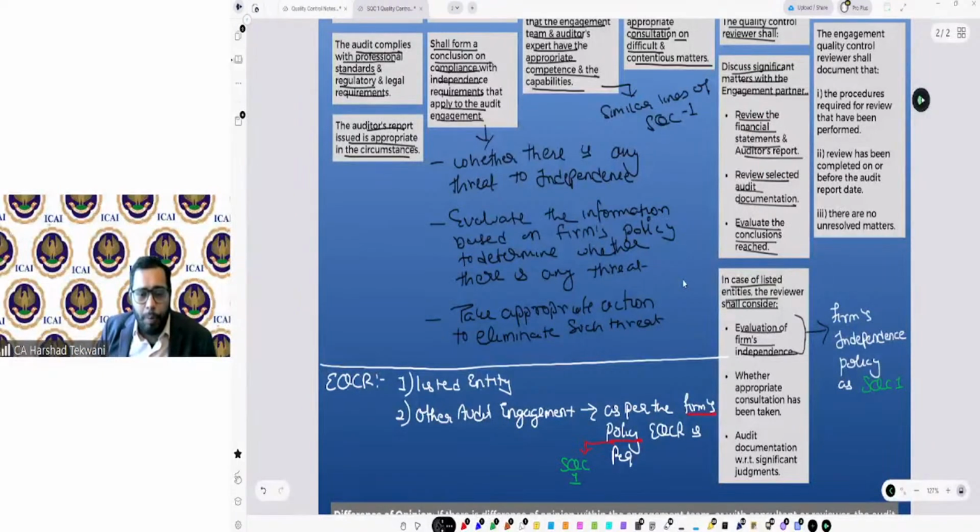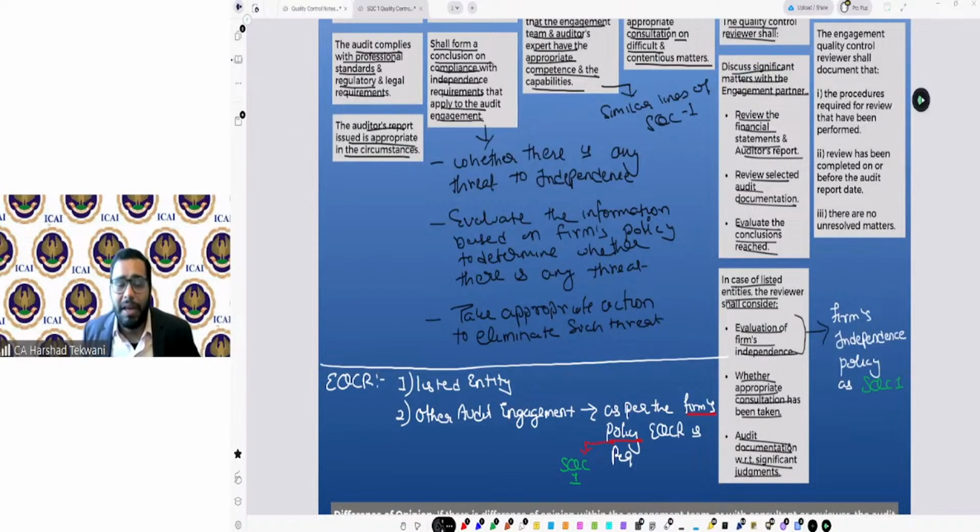Then whether appropriate consultation has been taken, and whether the team has documented, selected and reviewed the work performed in relation to the significant judgments made and in support of the conclusions reached. If there is a critical judgment or area under discussion that could have impacted the audit report, whether the documentation is appropriate is something that is required to be checked.